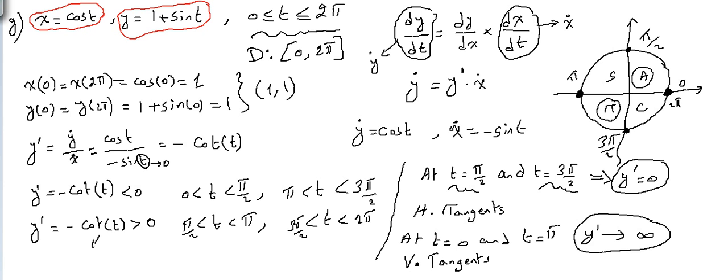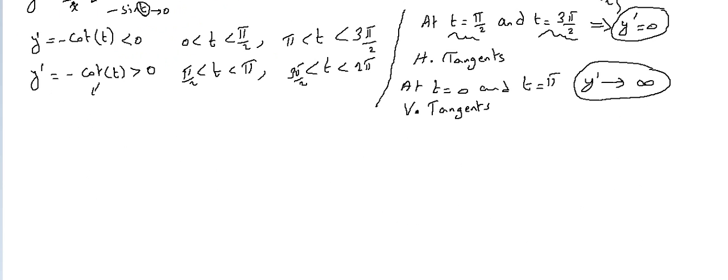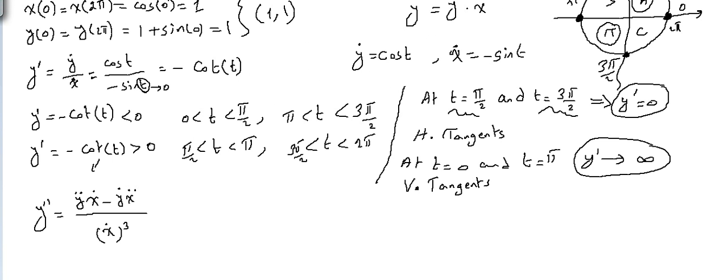This is very important. Now, let's find the second derivative, right? What is the second derivative? The second derivative is, by the rule, y double dot x dot minus y dot x double dot, over x dot to the power 3. Now, what do we have as y dot?